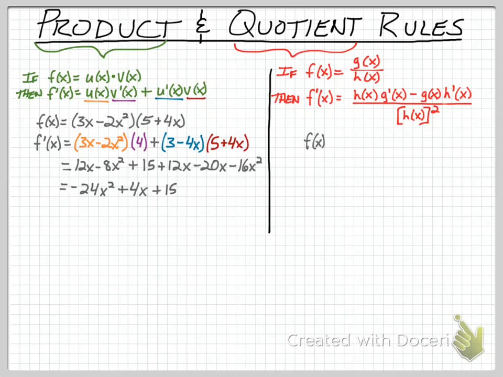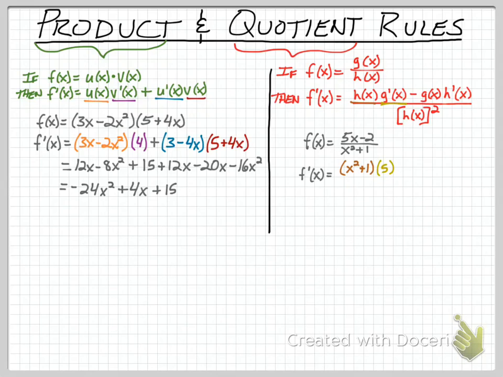So we're going to look at f of x equaling 5x minus 2 over x squared plus 1. So in this case, g of x is 5x minus 2, h of x is x squared plus 1. So our derivative of f of x equals, let's start with the first part, h of x. We're just going to bring that up to the numerator, x squared plus 1. Then we're going to take the derivative of g of x, and that's going to be 5, right?